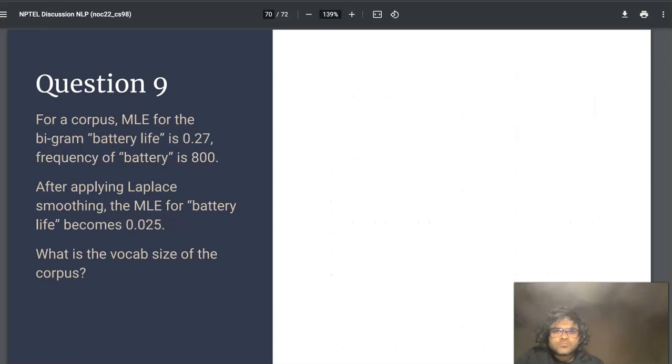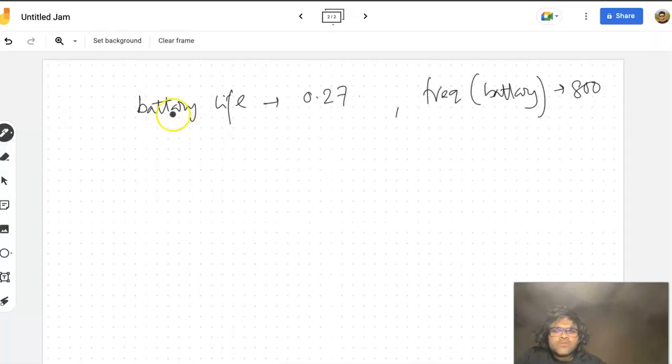Now only from these two things, what different information can we get? We have the probability of "battery life", and we have the frequency of "battery".